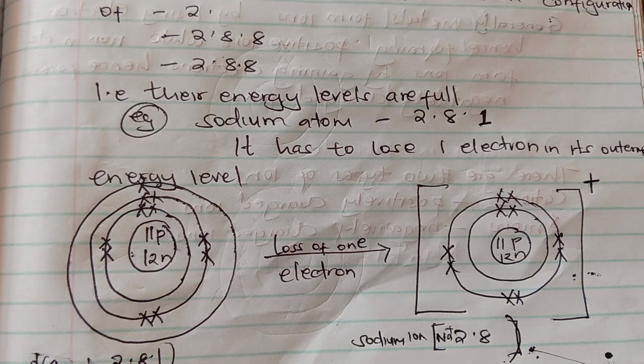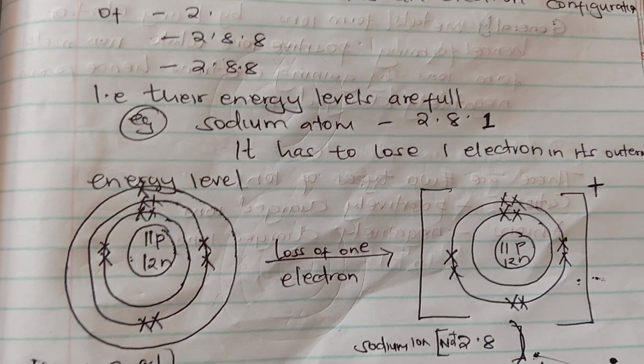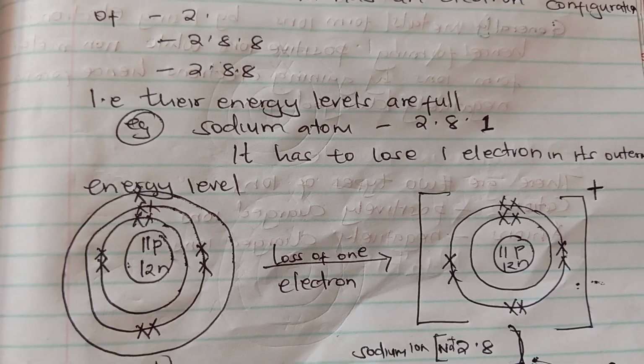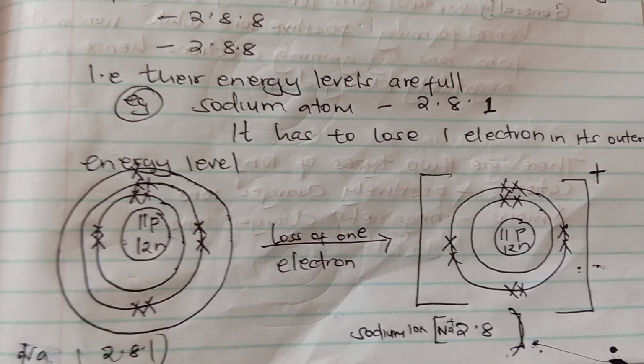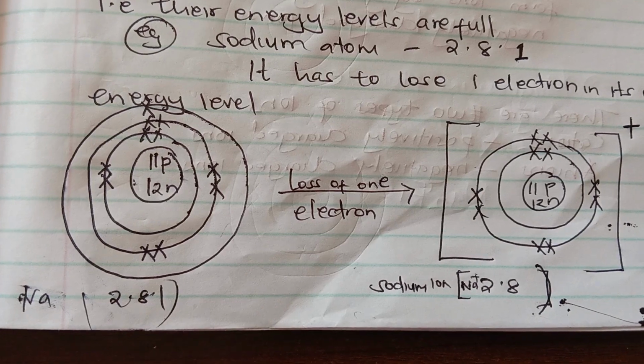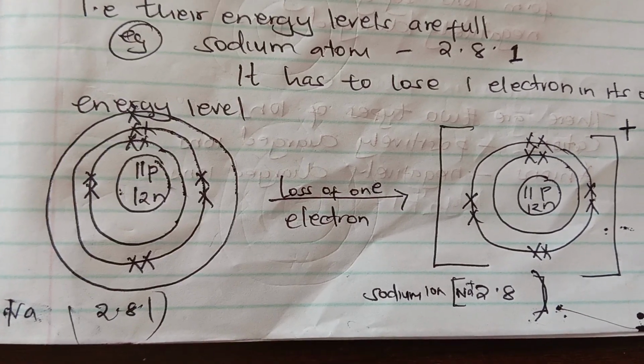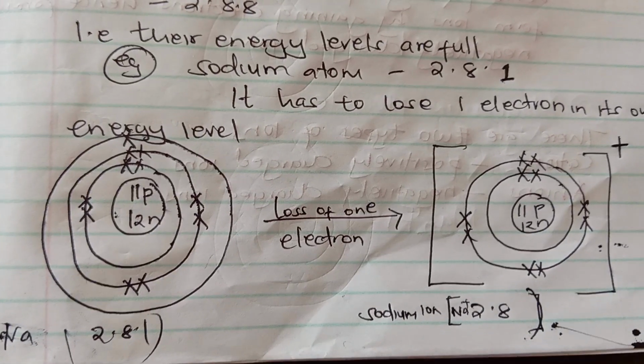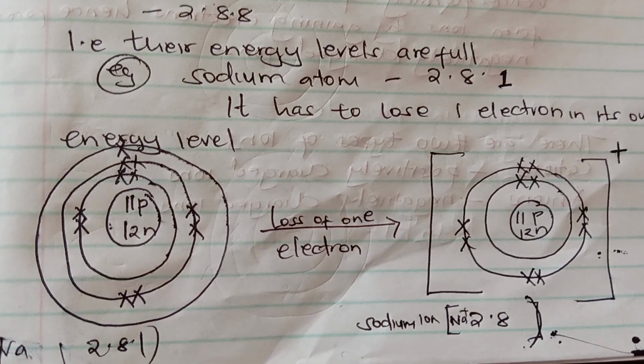So it loses that 1 electron, and losing 1 electron means that it will also lose the outermost energy level. So that's why you say sodium loses 1 electron to form a sodium ion which has 2.8, and then it has lost the outermost energy level. Now it has 2 energy levels.